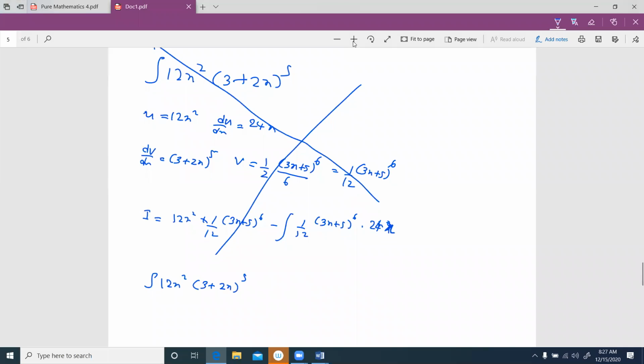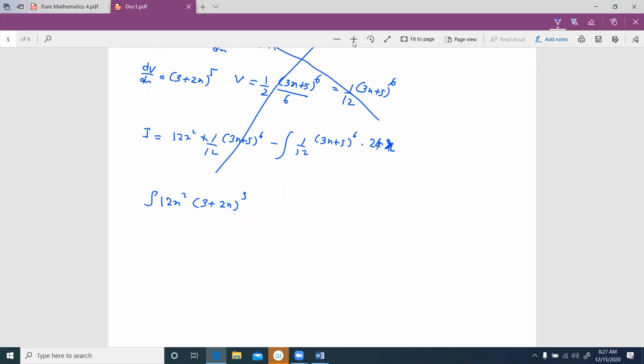Yeah, sorry, I just made a mistake, right? Okay. Then put here, initially we have to take u equals 12x squared, therefore du by dx is equals to 24x. Then dv by dx is equals to 2x plus 3 to the power 5.